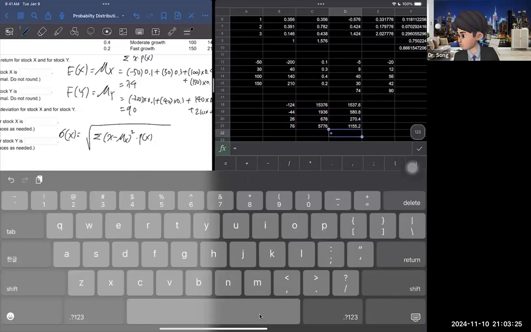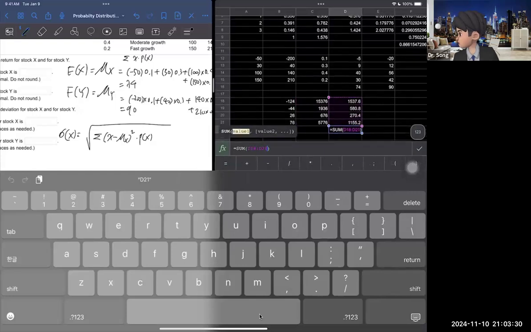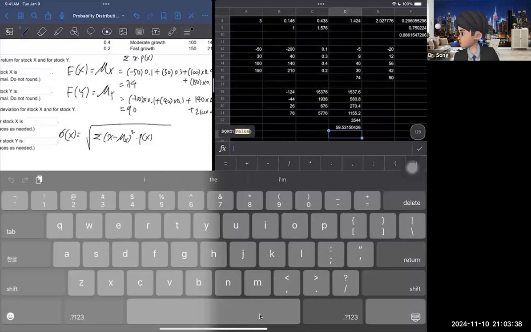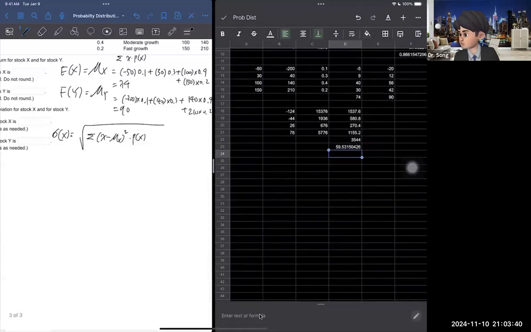And then find the summation. Then finally, you get the variance, because the question asks you to calculate the standard deviation, right? Which means that you need to take a square root. Square root of this number is 59.53. So let me write down up to 2 decimal places, 59.53.